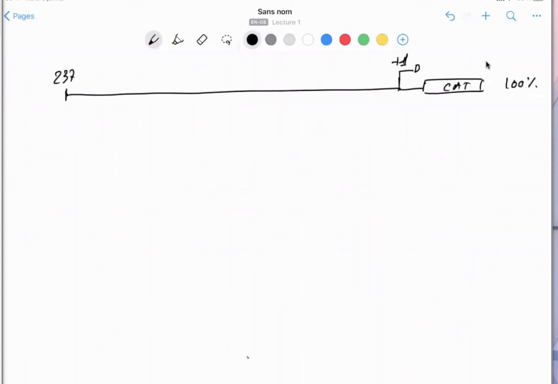Does anybody follow? Okay. If we remove the part of the promoter from 237 to 195, so they make a shorter version of the promoter till the position -195. What is happening when you cut the sequence located between 237 and 195?